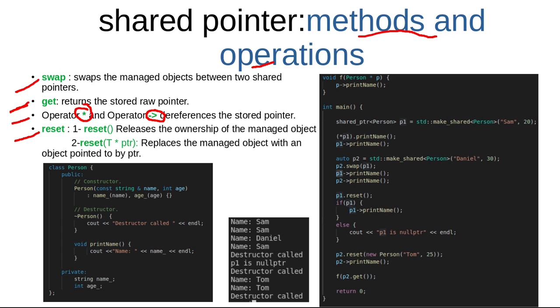It will no longer point to the object, and it becomes a null pointer. Or you can supply a null pointer as a parameter, and it will have the same effect. The second, if you give it a new object, in that case it will make the pointer point to the object supplied in the parameter.